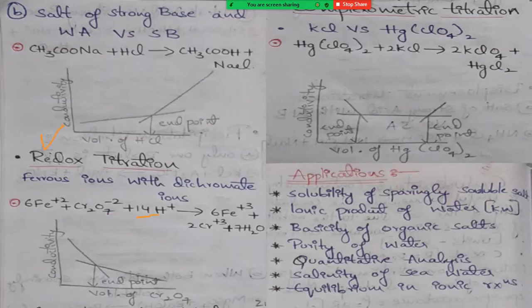When more H plus ions are present, the graph starts from here, because H plus ions have higher conductivity values. It is around 320 mMOS, so the conductivity starts from the highest point, right?